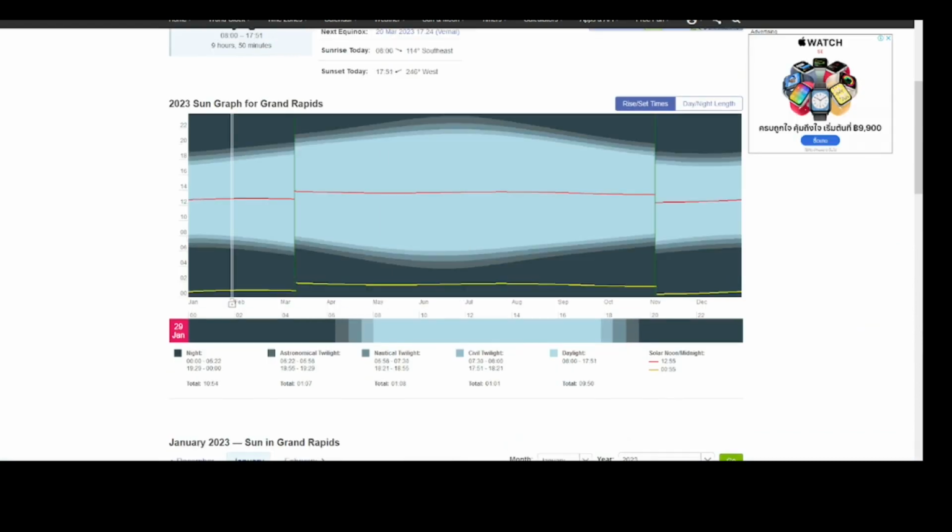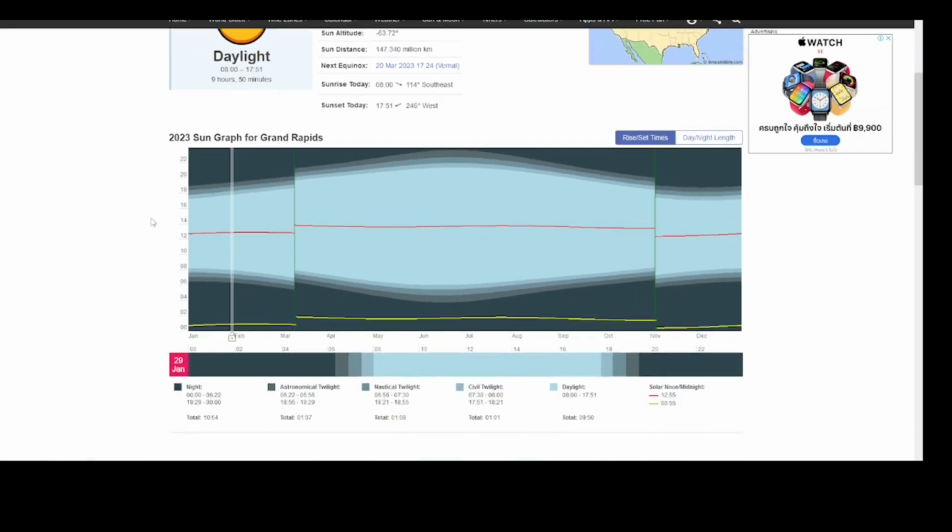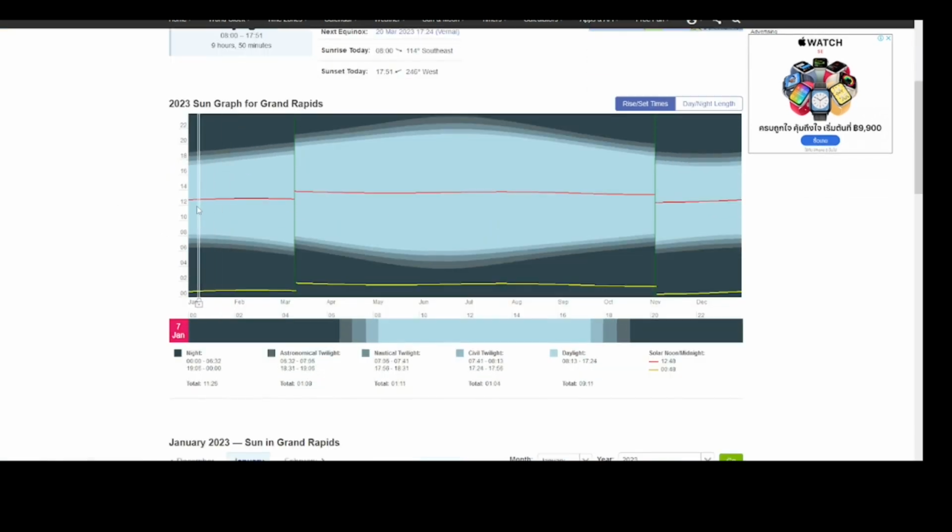Now, if we move on to Bruce's area, which is Grand Rapids in the US, you can see the map here. That's the location. So fairly high up in the North US. All right, and we can see here January.